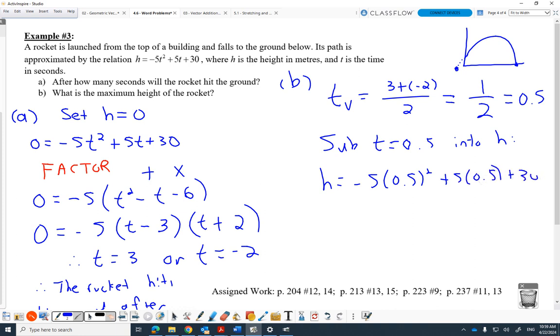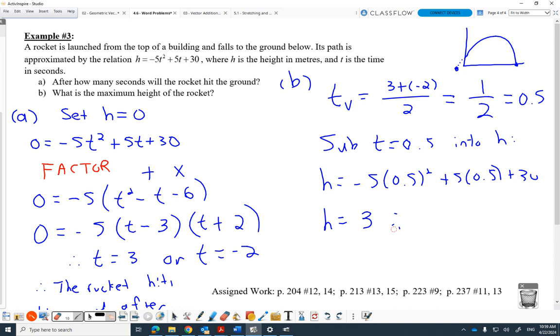I'll try and do it in my head, and then you compare with what you get off your calculator, okay? That's 32.5 over there. That's a quarter, negative 5 quarters, negative 1.25, 32.5. 31.25? I don't know what's right. No, it's 30.25, isn't it?